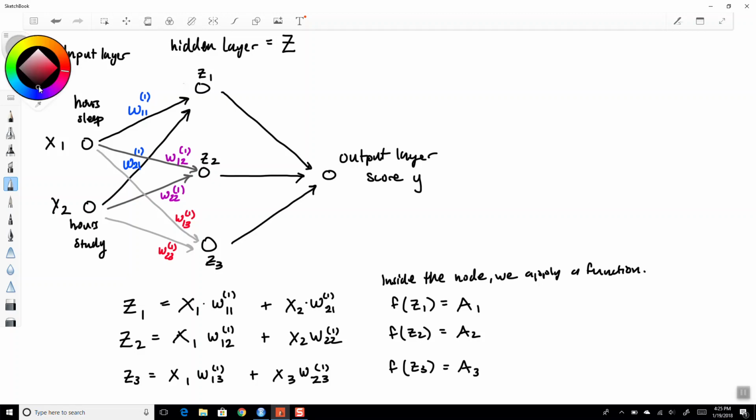So here we'll have another set of weights, and I guess I'll call this, this will be the weight going from, there's only one node here, so this will be weight 1, 1 here, but to distinguish that it's in our second weight matrix, we'll put in a superscript 2. This will be the weight going from 2 to 1. And then the weight going from 3 to 1 in our second weight matrix.